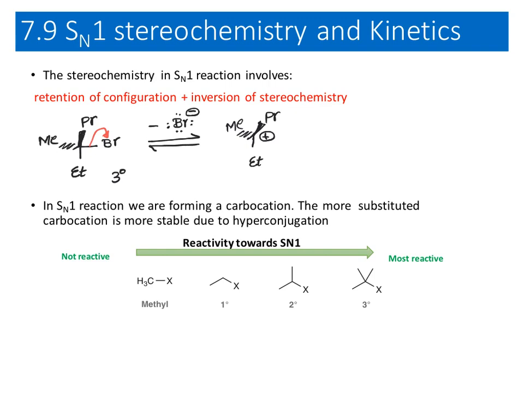So we have a tertiary alkyl halide and the leaving group leaves to form a carbocation. We know that the carbocation has an empty p orbital on it.